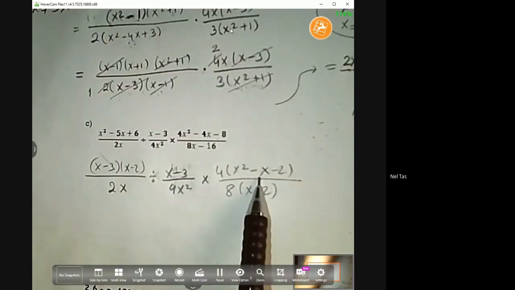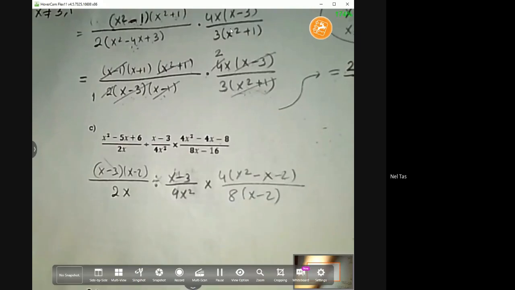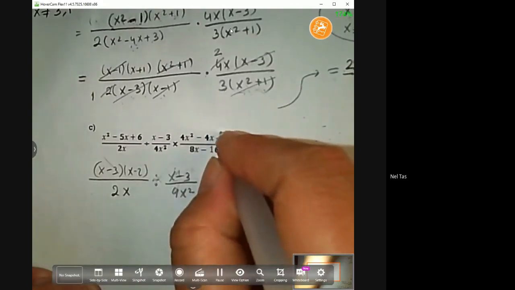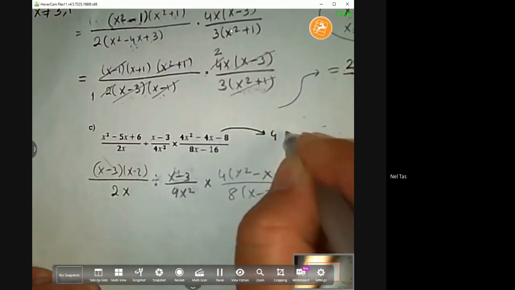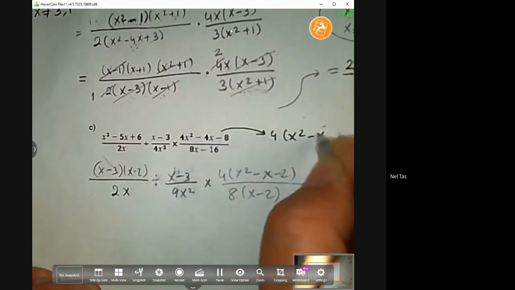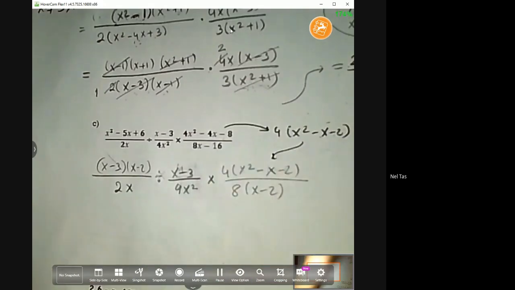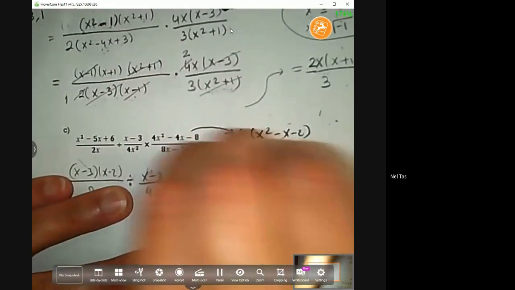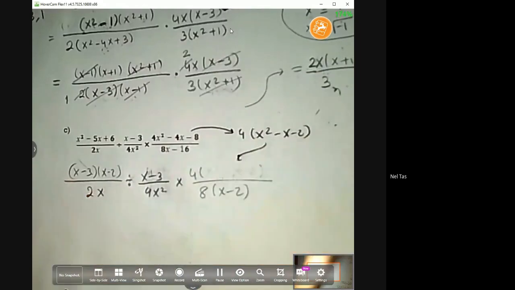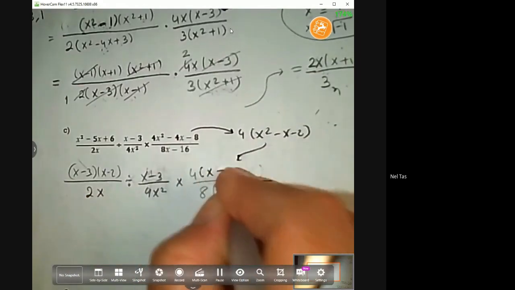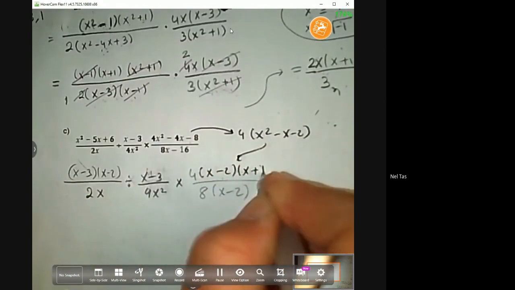So this can be factored one more time. First I do 4 times x squared minus x minus 2. Now I'm going to put here the factored form. So that is x minus 2 times x plus 1.